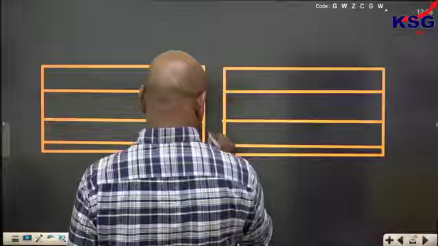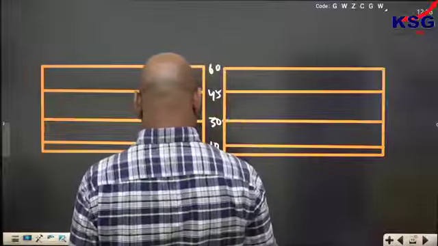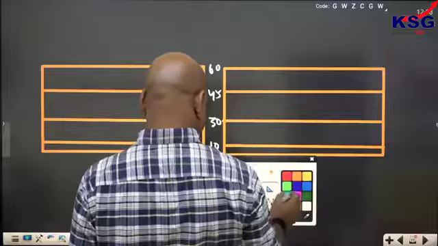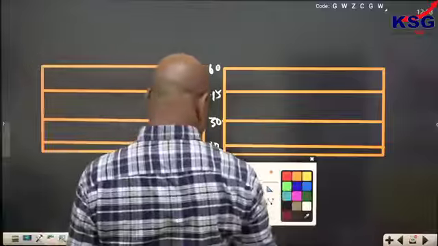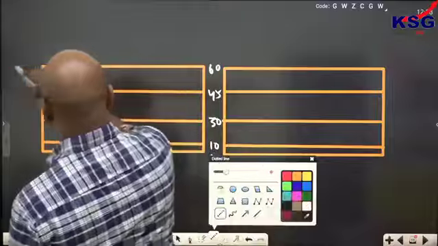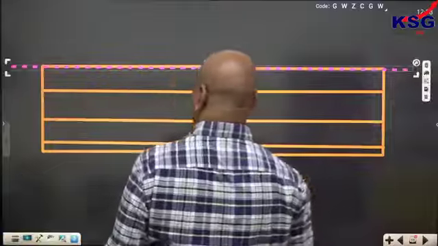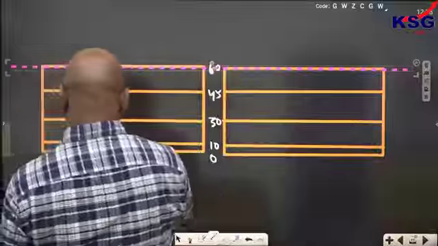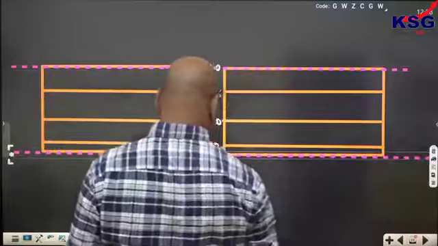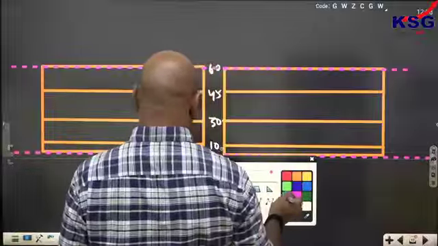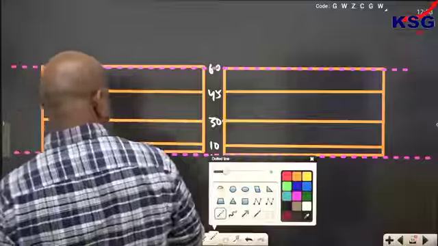Zero degree, 10 degree, 30 degree, 45, 60 degree. We know that 60 degree is a low pressure condition. Here it is a low pressure condition. 0 degree is a low pressure condition. And we know that 30 degree is a high pressure.